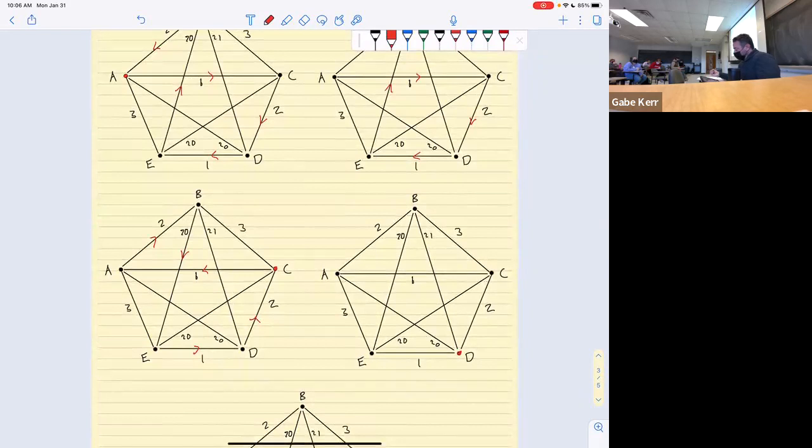Awesome. So if I start at D, again, 1 tells me a lot. Now I've got 3 as my option. I got this 1 here. And I can't go back to D because that would form a circuit. So I only can go to B. And then I have to come this way.